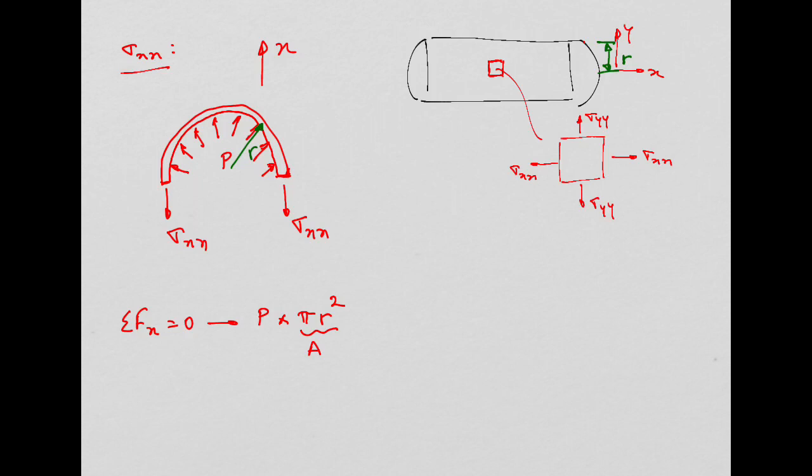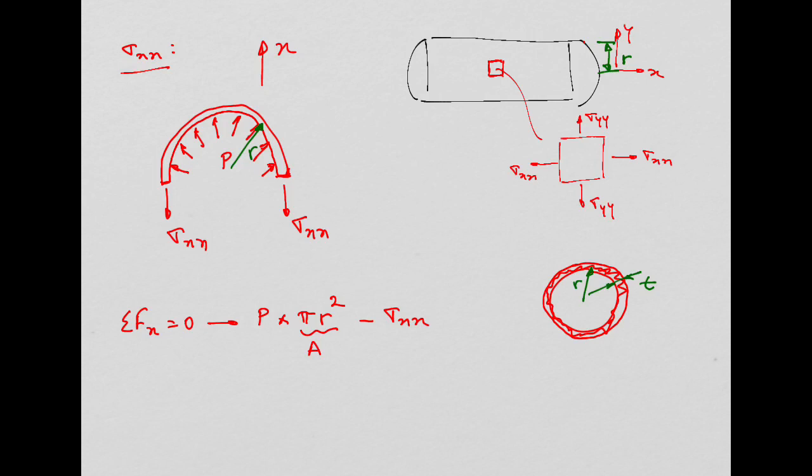In the opposite direction, I have my sigma xx, which is a stress, so I need to multiply by an area. If I look now from the top, I will get something like this. This is the area, where the thickness of the wall is t and this is the radius.